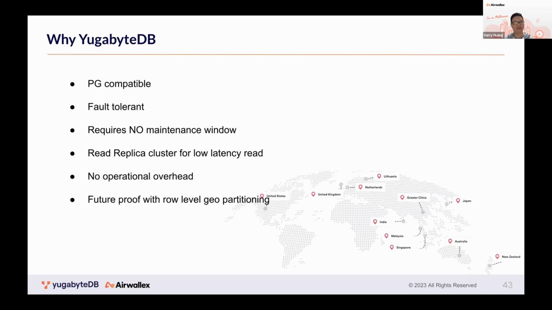And another feature we liked about YugabyteDB is the row-level geo-partitioning feature. As I mentioned before, we have the requirement to store data in different locations, different data centers, required by legal, and currently we implement the partitioning at our application level.